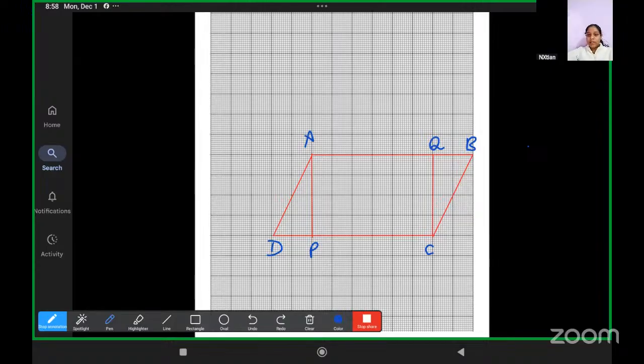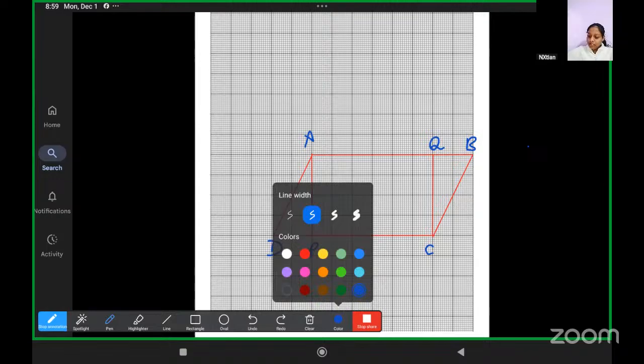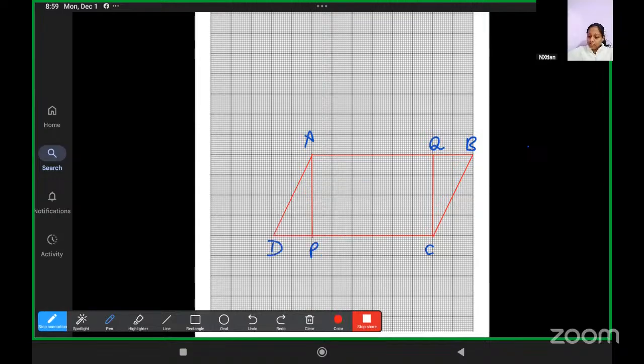Now we have 2 triangles and 1 rectangle. Triangle ADP and triangle BCQ, and a rectangle AQCP. So I'll just write down this is 8 centimeter.